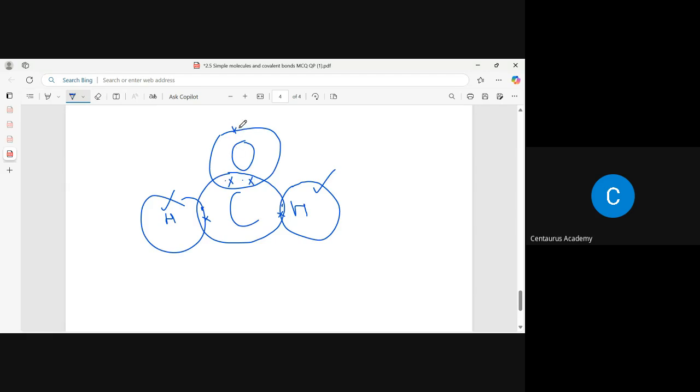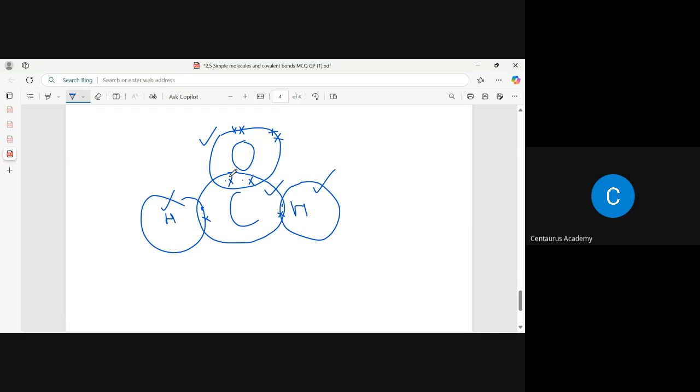And oxygen has a total of how many electrons? 6. 2 of them are already shared. This means 4 are left as unshared electrons, right? Oxygen's complete valency is fulfilled, and carbon's valency is also fulfilled. So how is oxygen sharing its 4 electrons?